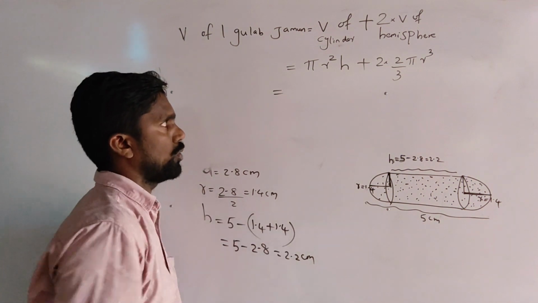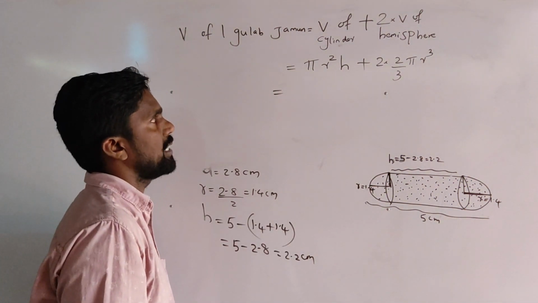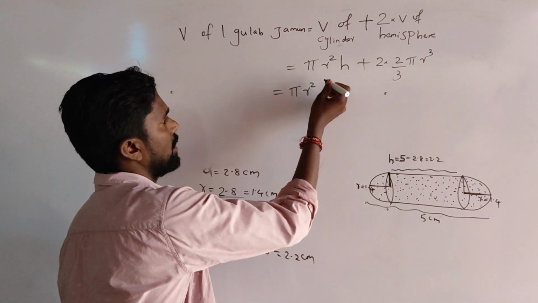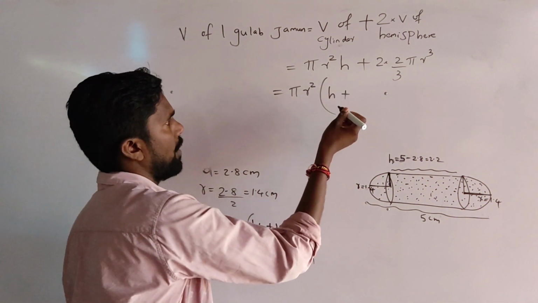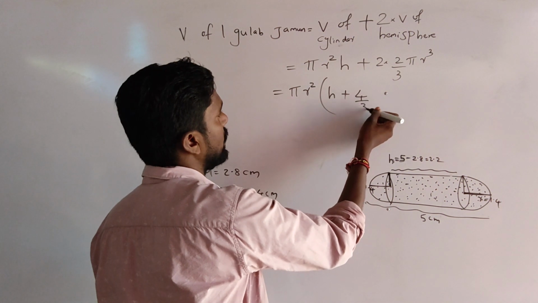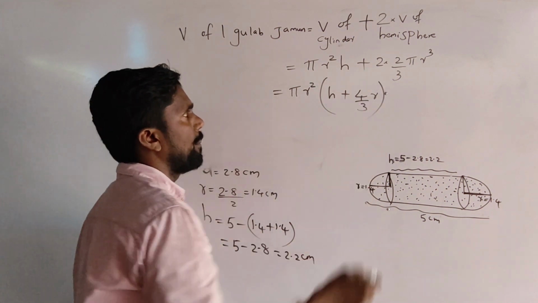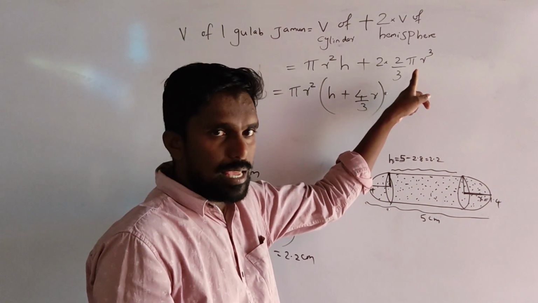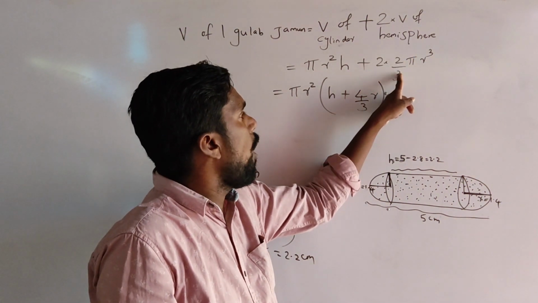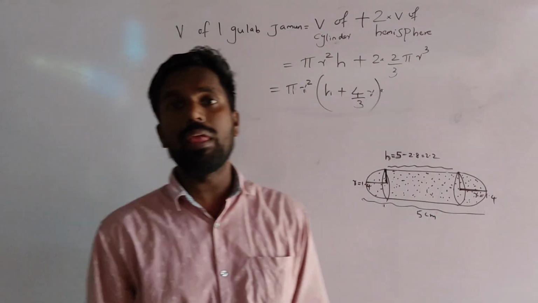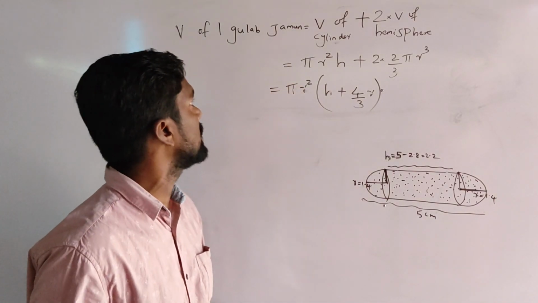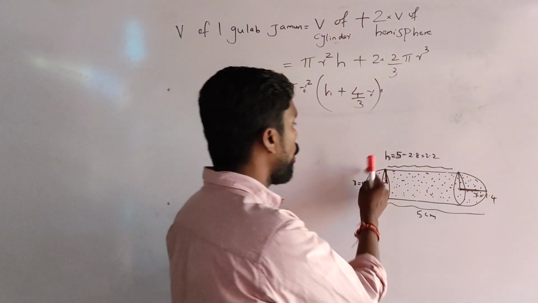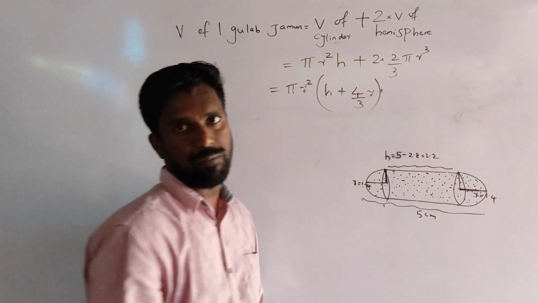Pi r square is common, so here h will come, and here 4 by 3 r will come. 2 into 2 is 4, so 4 by 3 r. Volume of 1 gulab jamun means volume of the cylinder plus 2 into the volume of a hemisphere.